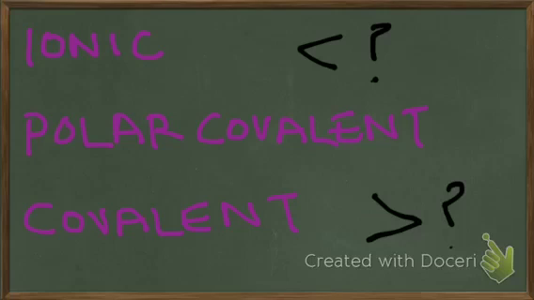So, it is called an ionic bond if the difference is greater than 1.9. For polar covalent, that number has to be between 0.4 and 1.9, so between ionic and covalent. And to be identified as a covalent bond, it has to be less than 0.4.